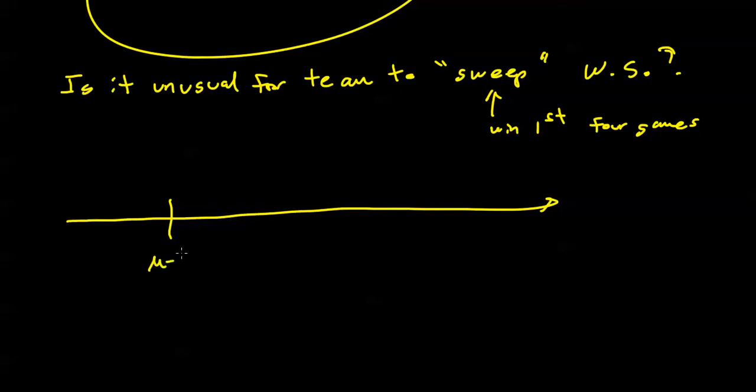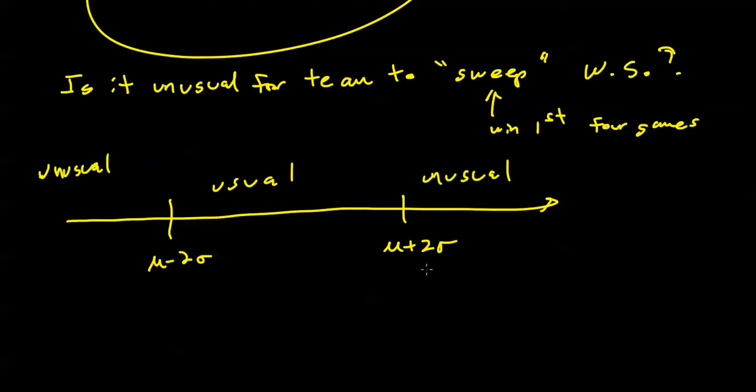I'm going to set my boundaries for usualness as so. Anything within these boundaries, mu minus 2 sigma to mu plus 2 sigma, we will call usual. And anything beyond, unusual. Well, mu plus 2 sigma here is going to be 5.76 plus 2 times 1.13, and I get 8.02 as an upper limit.